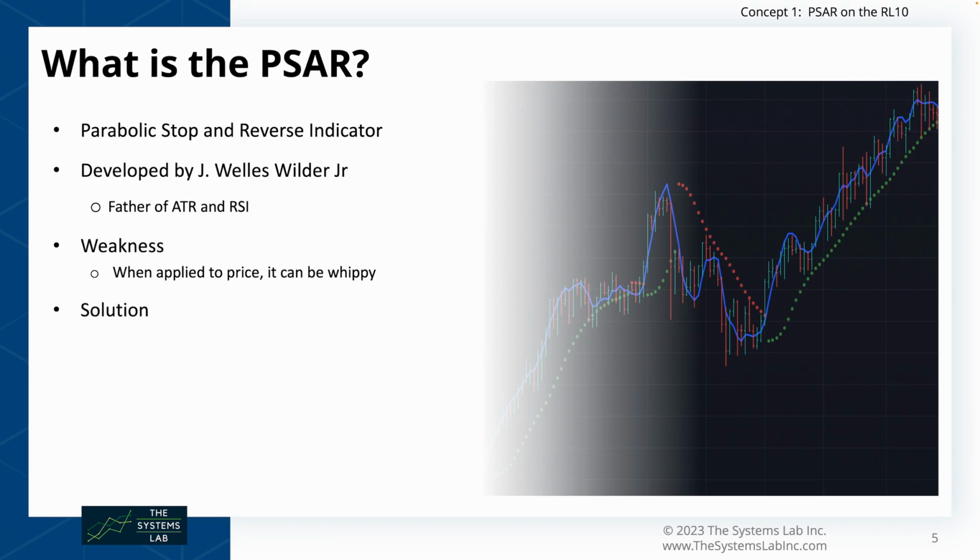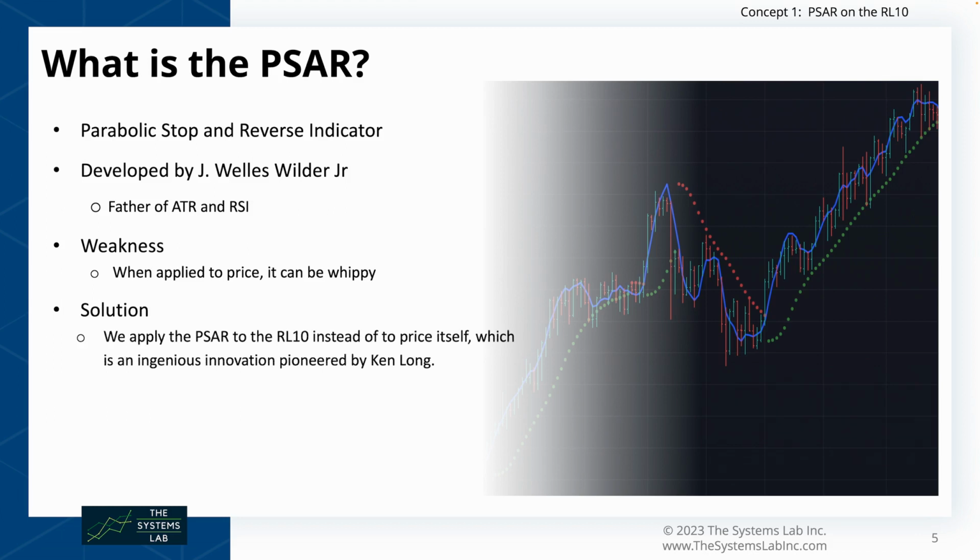So the solution to this, which is an ingenious innovation pioneered by Dr. Ken Long, is to apply the PSAR to the RL10 instead of to price itself. As you may know, the RL10 is a 10-period regression line curve, which represents the mathematical best fit line for a set of data.